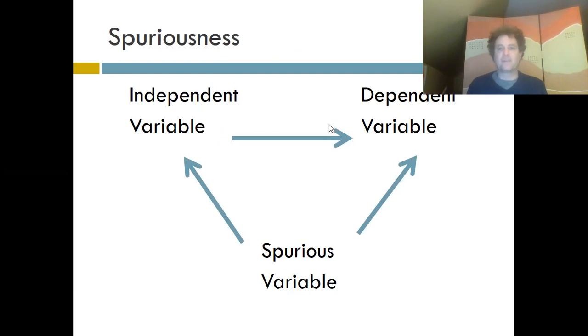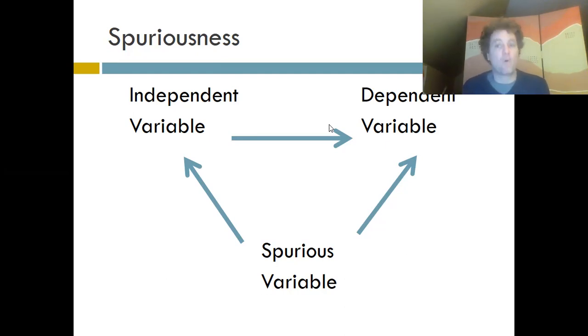So what is spuriousness? We have a theory. Our theory says that we have an independent variable that is causing, having an effect on, a dependent variable. A change in the independent variable is going to cause a change in the dependent variable.